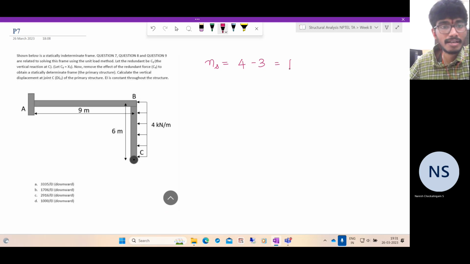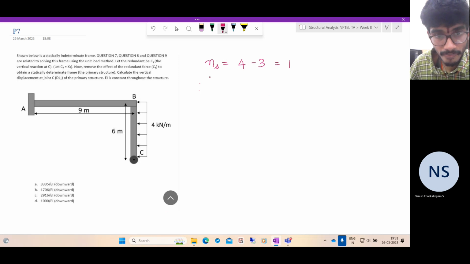And what is the unknown? They have asked us to take the redundant force. So they've asked us to consider Cy as the redundant force.